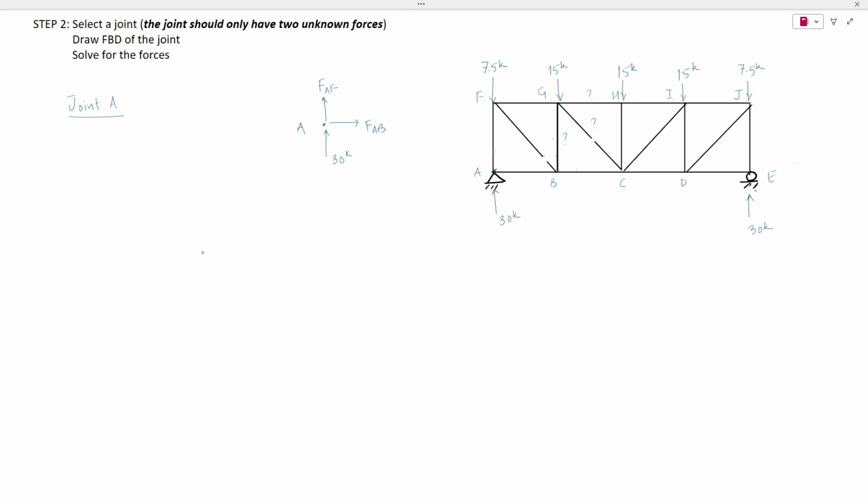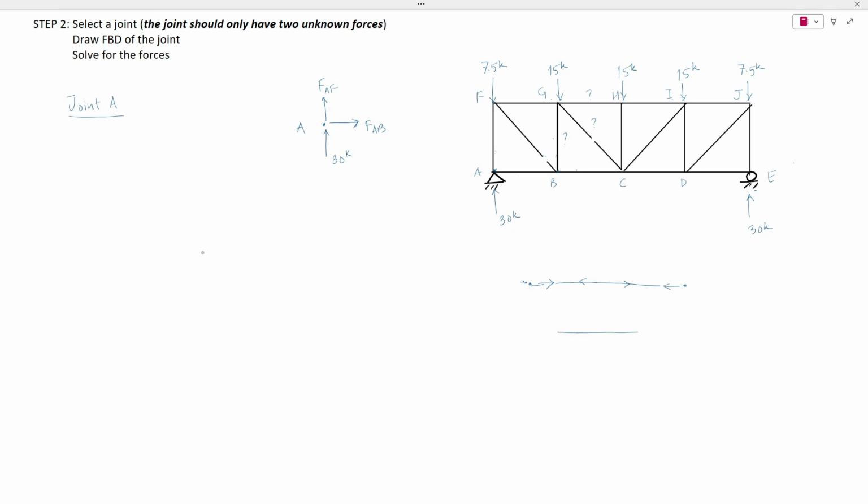Another important thing to keep in mind is the arrow. When I said tension, I pointed the arrow away from the joint. For example, if you imagine a rod or member being pulled outward, you're trying to elongate it, and the tendency of the member is to pull itself away from the joint. So anywhere you see an arrow away from the joint, that means the member is in tension.